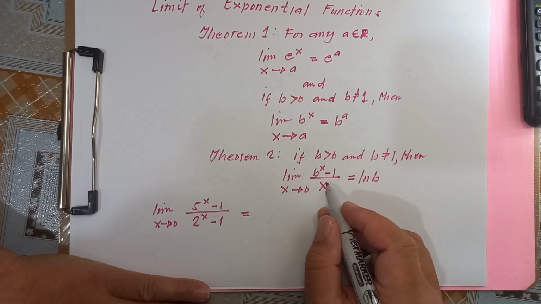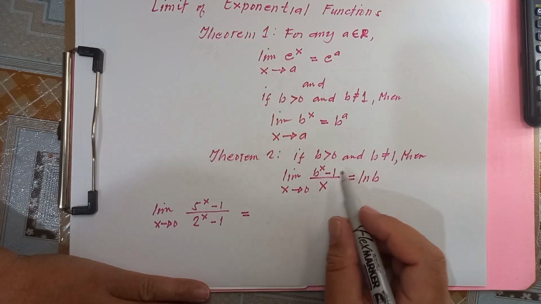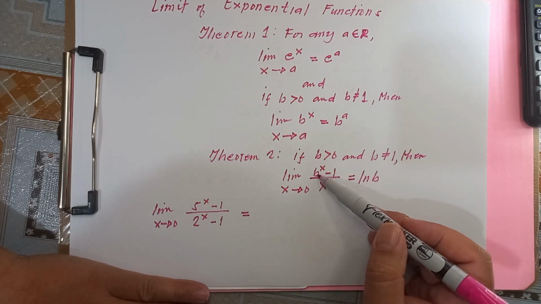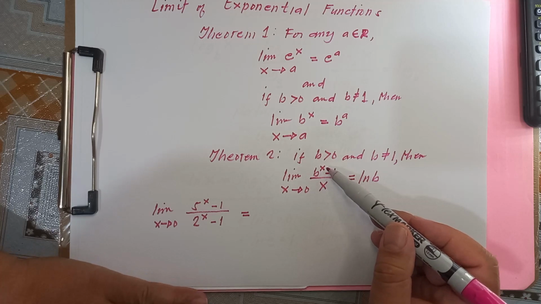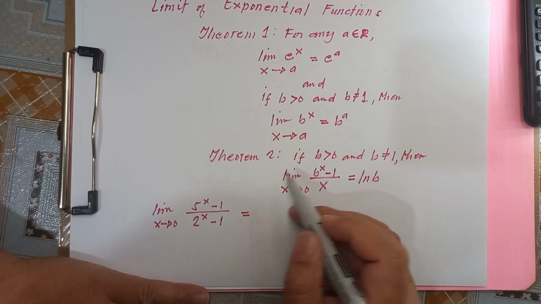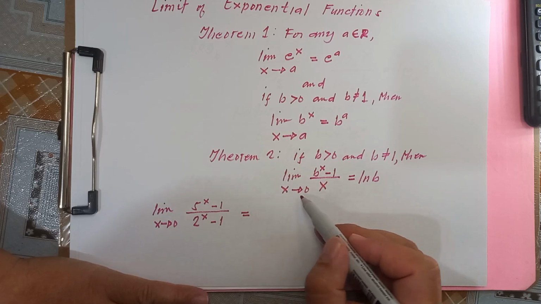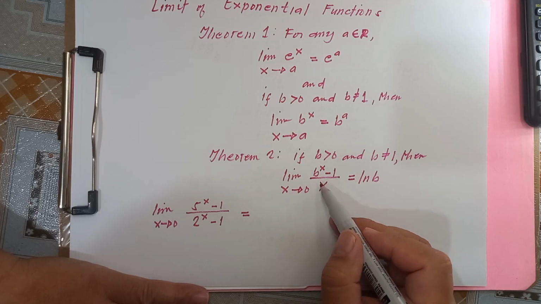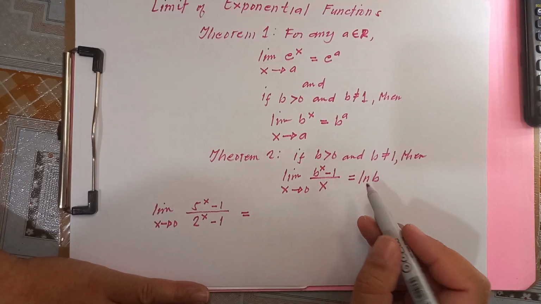Remember, our b in here is always the base and our x is the exponent. Notice in theorem number 2, when we directly substitute, the result will be indeterminate actually.